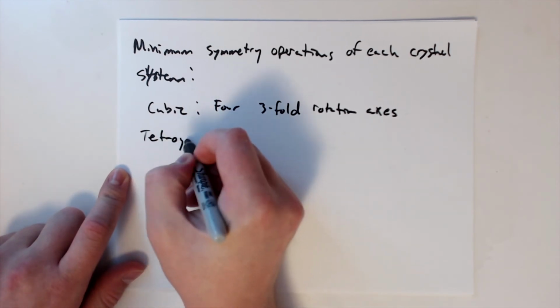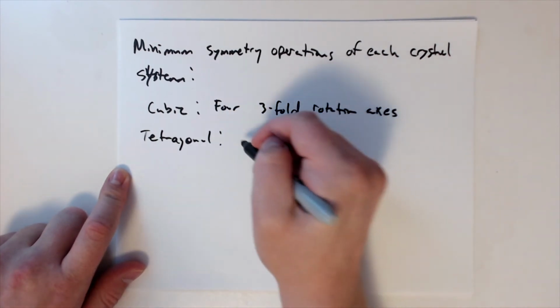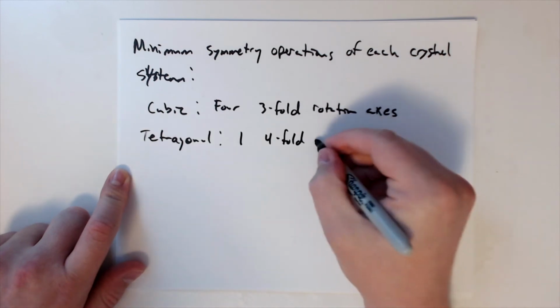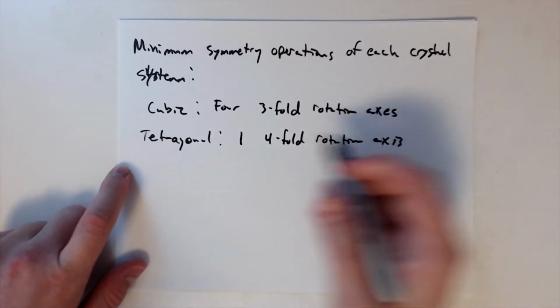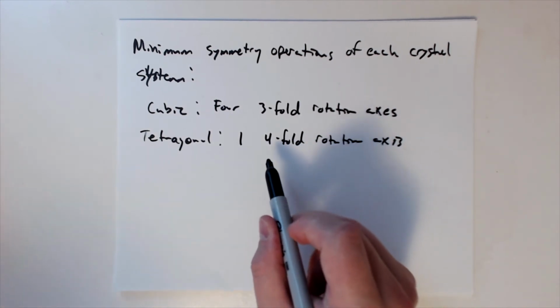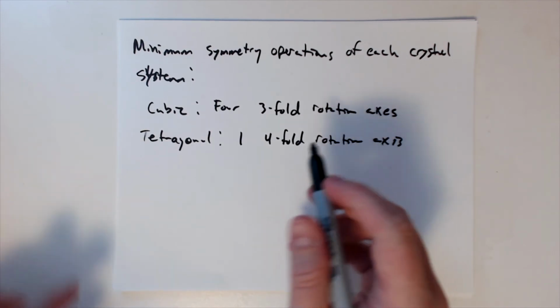Tetragonal, on the other hand, only has 1 4-fold rotation axis. So that's the minimum number that we have. Again, it can often have more, but it at least has to have 1 4-fold rotational axis.